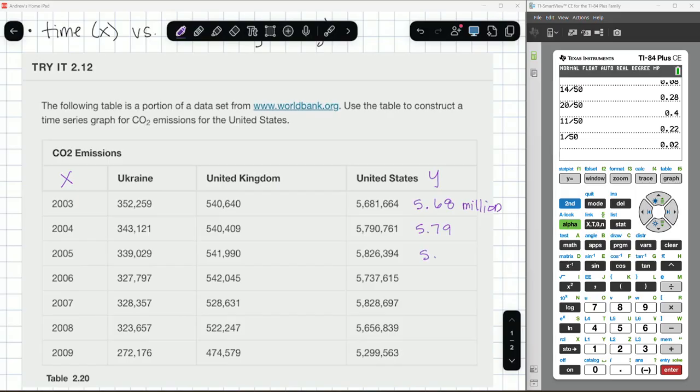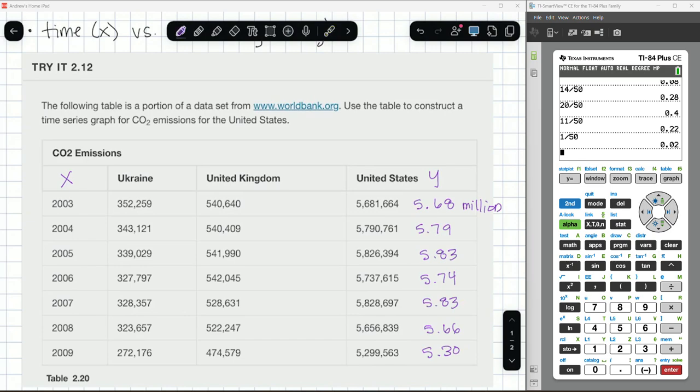This would be 5.83, 5.74, 5.83, 5.66, and 5.30 if I round to 2 decimal places. I think that'll be a little bit easier to graph. I can see that my smallest is going to be 5.3. My biggest is 5.83. That's a lot easier to count by.